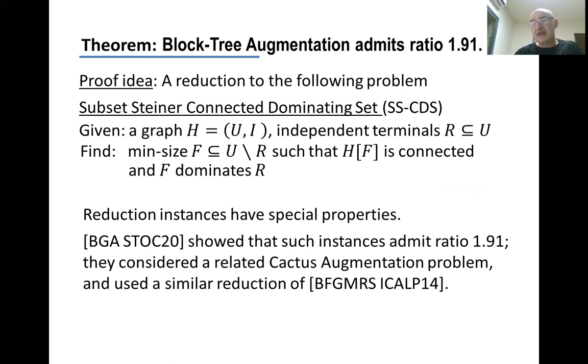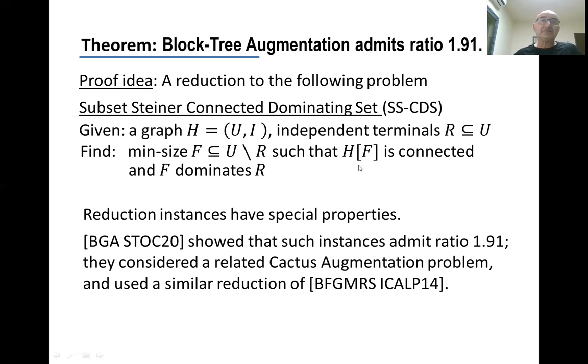So this essentially will finish the proof because we have a reduction to SSCDS, which is approximation ratio preserving, and the instances that arise from the reduction have special properties, and whenever we have such properties, we can get ratio 1.91. So we get ratio 1.91 also for the block tree augmentation problem.